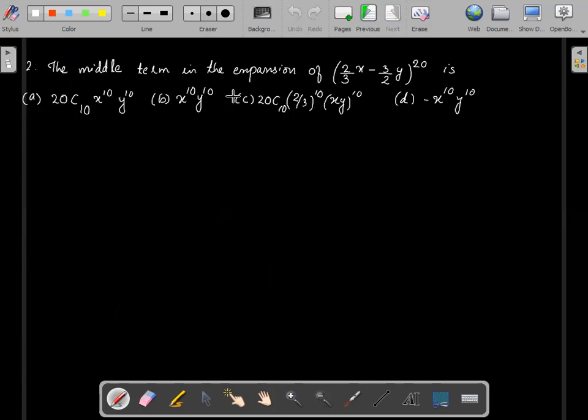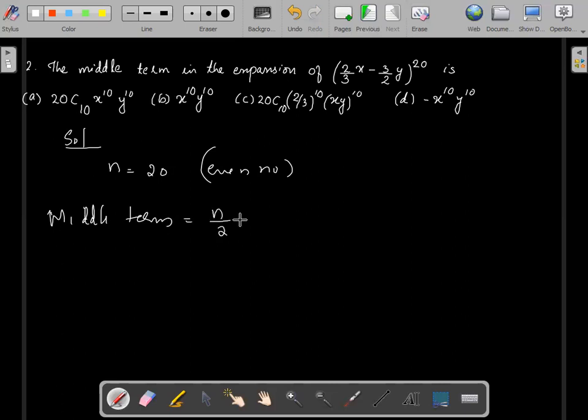Next question. Find the middle term in the expansion of (2 by 3x minus 3 by 2y) whole raised to 20. ഇതിൻ്റെ എക്സ്പാൻഷനിലെ മിഡിൽ ടേം. അപ്പം നോക്കിയേ, മുമ്പേ നമ്മൾ പറഞ്ഞ റിസൾട്ട് അനുസരിച്ച് ഇവിടെ n is equal to 20, വിച്ച് ഈസ് ആൻ ഈവൻ നമ്പർ. ഈവൻ നമ്പർ ആണെങ്കിൽ middle term is equal to (n by 2 plus 1)th term.